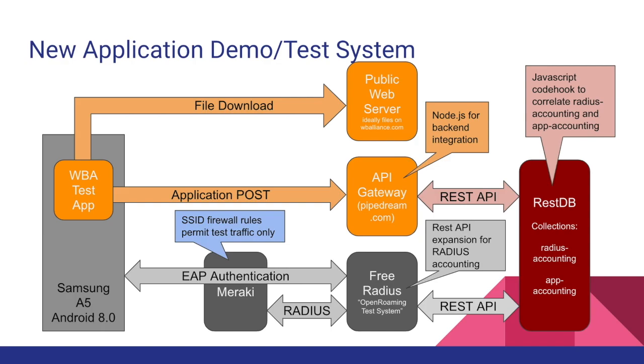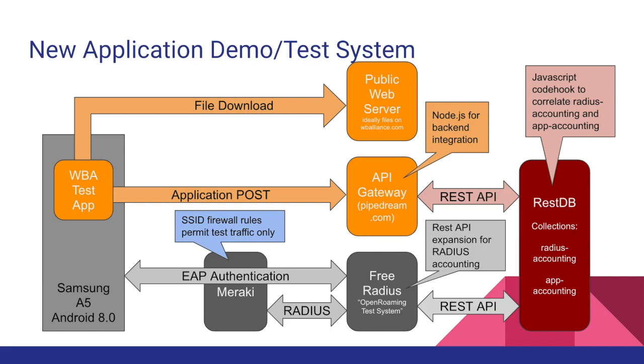So what I created was obviously the test app, which allows for a file download. File download from a public web server at the moment, ideally would be hosted by the WBA, and then post the data from this download to the API gateway, which we are using Pipedream at the moment, with some Node.js in the back to make sure it works.